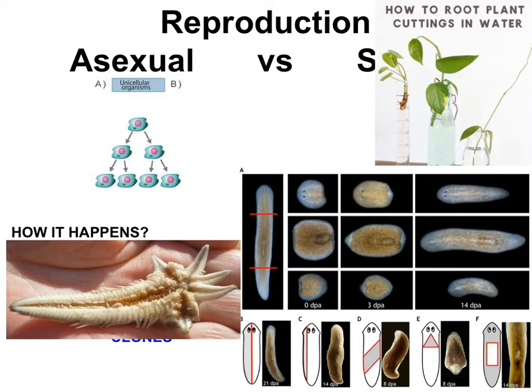So this is called a planaria worm, and scientists have done experiments where they cut planaria into all these different shapes, like cut it here and this piece grows into a new worm, and the middle section grows into a new worm, and even the tail.